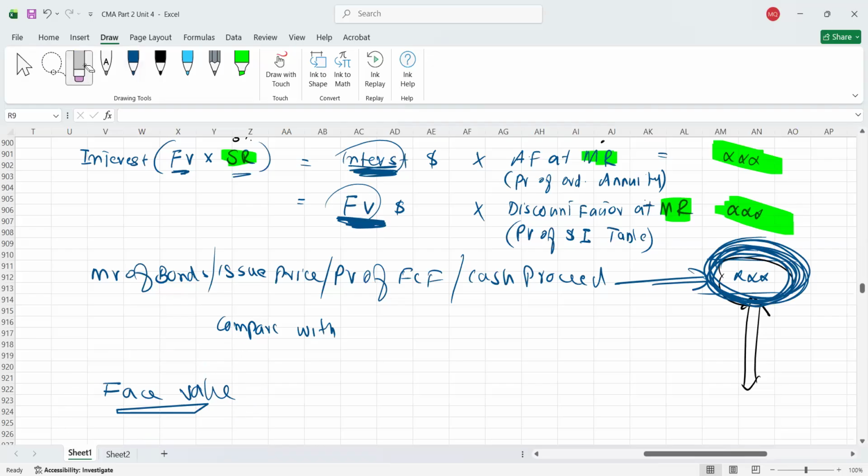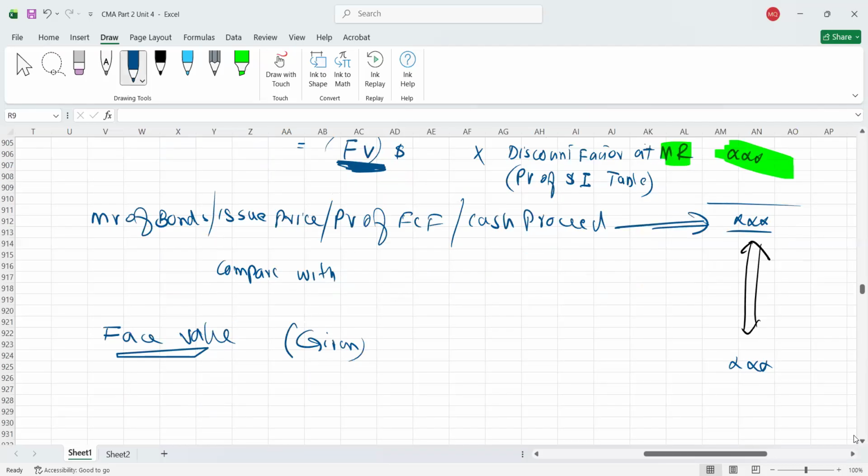Okay, like with like. So what you are going to do now is compare this market value of bonds with the face value. Face value will be given to you. You don't need to do a calculation for that. So you will compare with it. Now you have to decide. What do you have to decide? The rule is very simple.